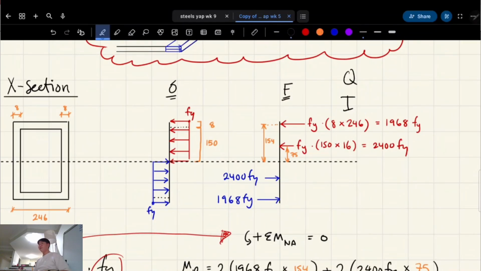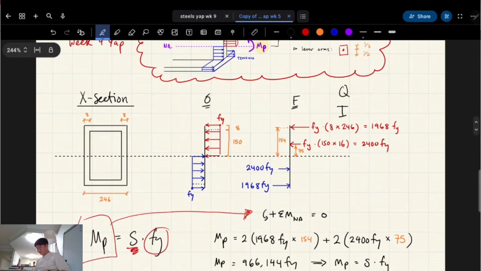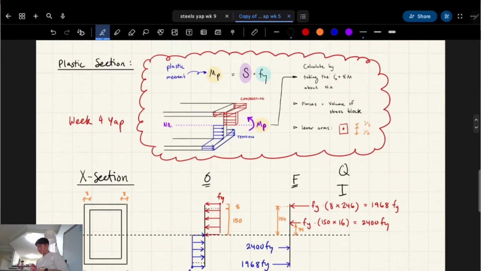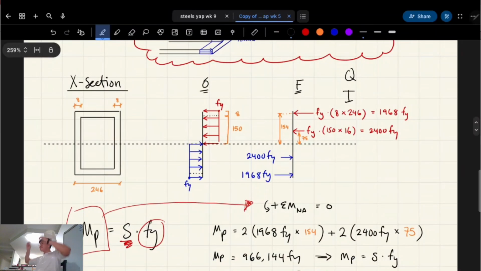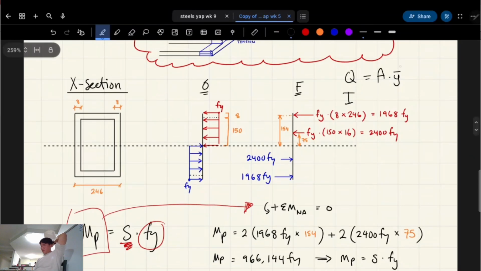So we found the first moment of area, because we divide out Fy, the force, so instead we just find the moment of area. The first moment of area is area multiplied by distance, applied to each of these elements.